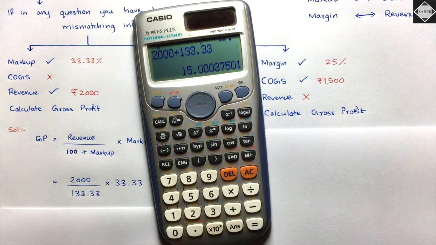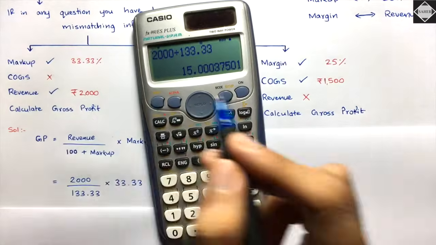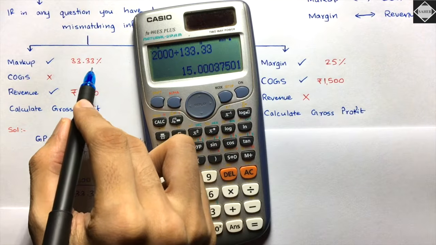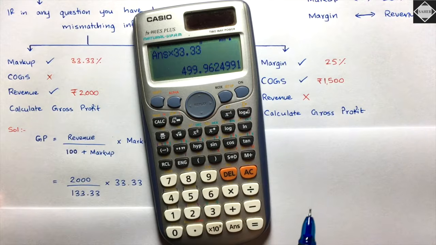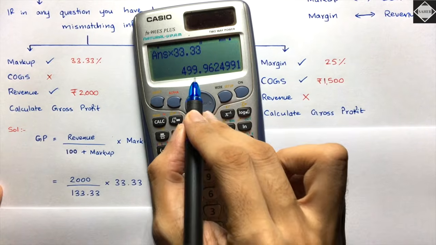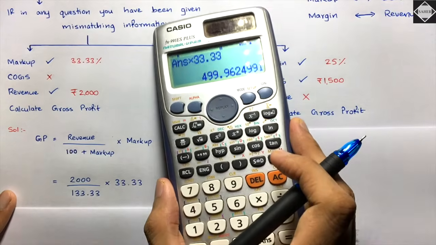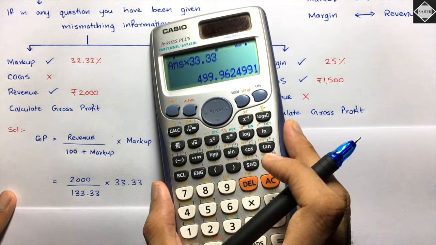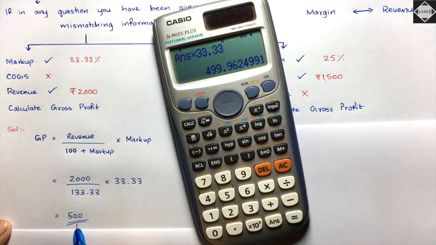Markup is gross profit percent. We have that, 33.33%. So just multiply with 33.33 and you will get the gross profit. That is 500. Because of the decimals, it's coming like 499.96. So just round it up. That will be 500. 500 is the gross profit.